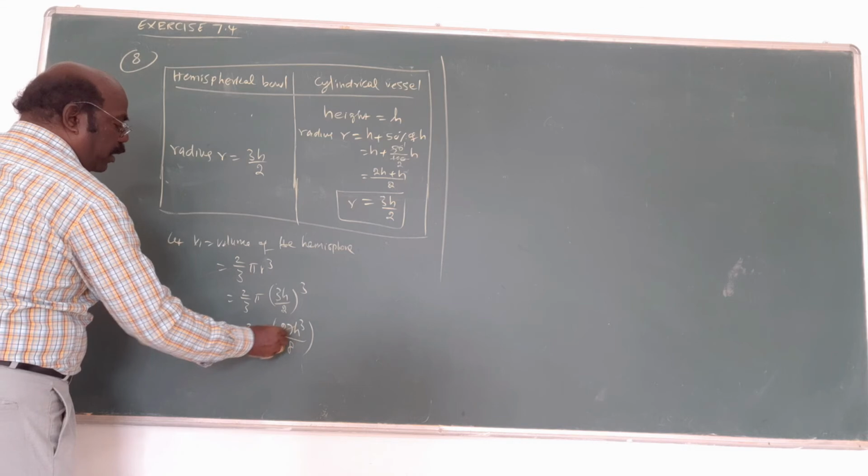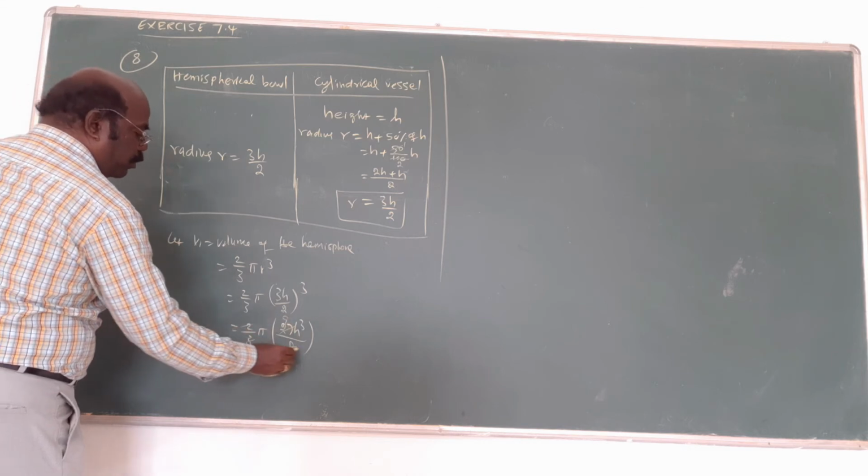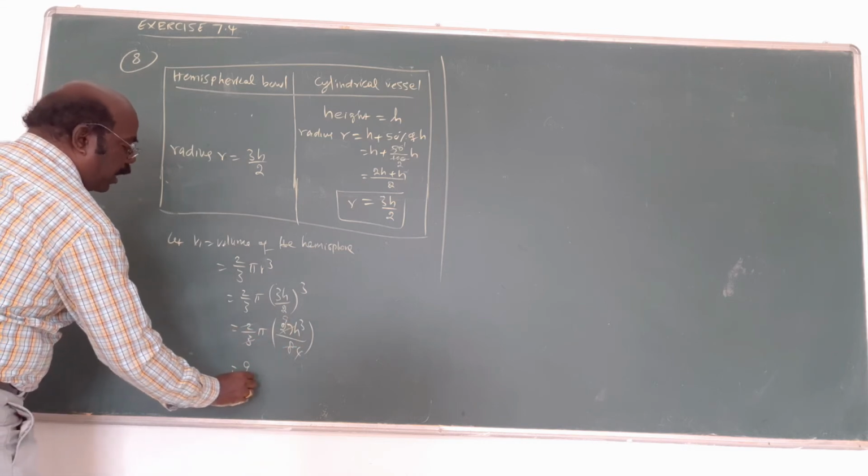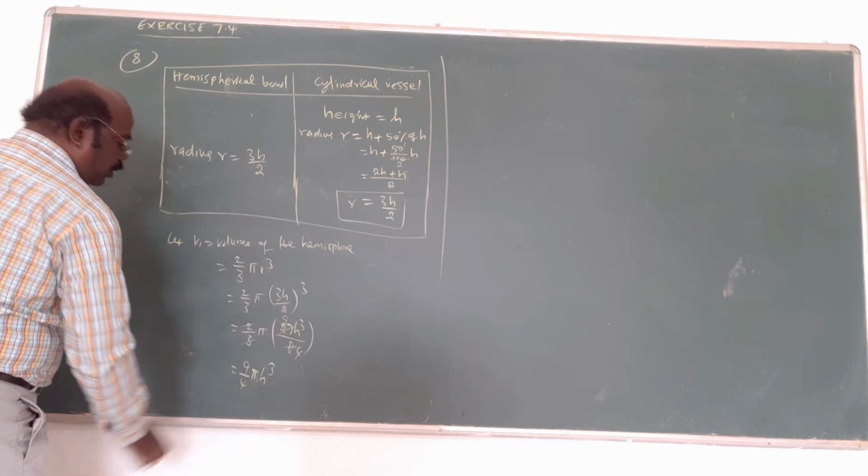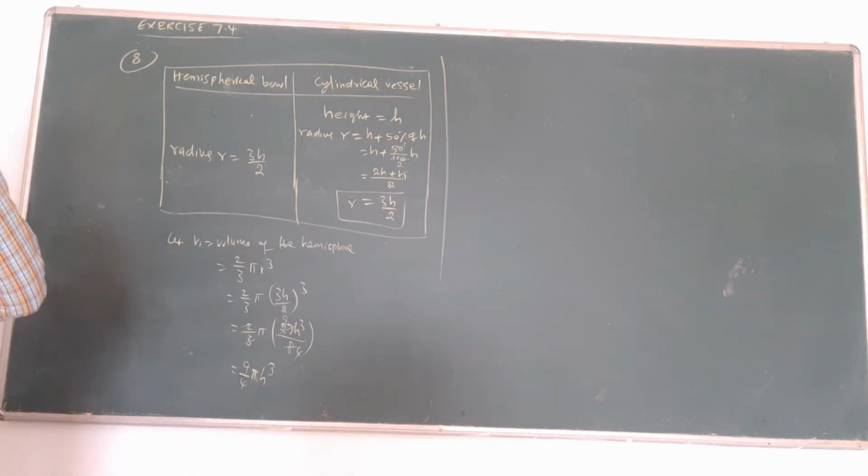After cancellation, 9 by 4 pi h cube. Need not put the pi value.